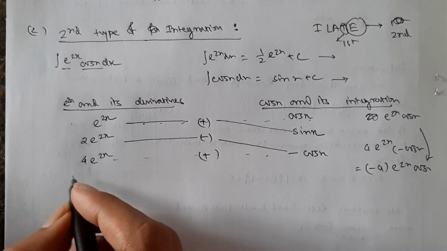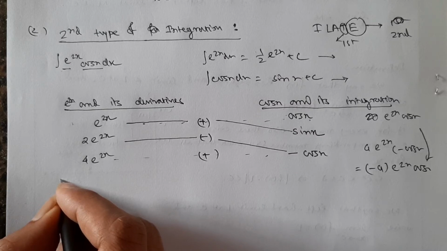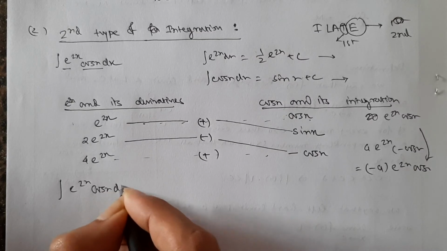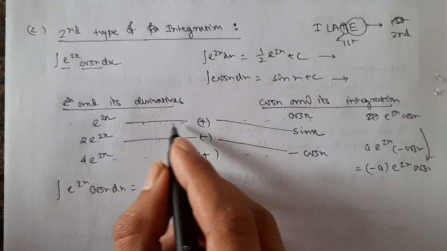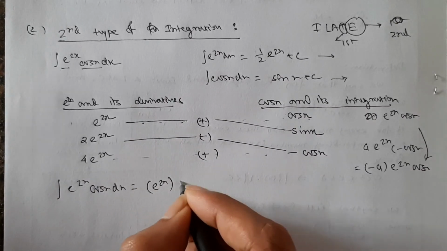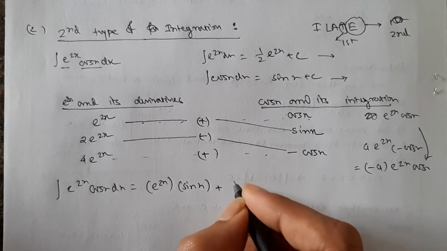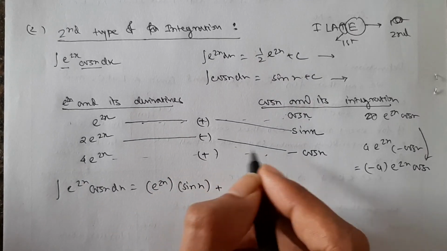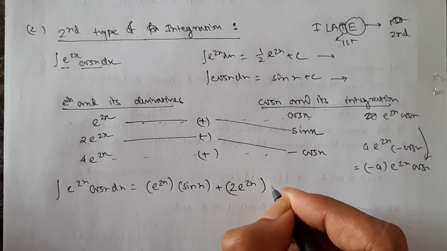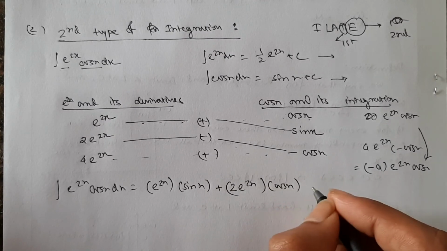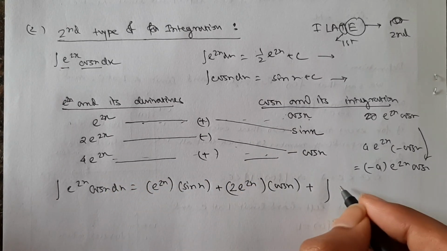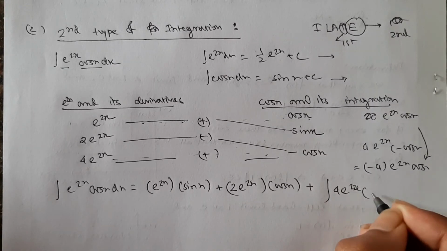So what should we write? Okay, so the integral of e to the power 2x cos x dx is equal to e to the power 2x sin x plus, minus times minus will be plus, 2 e to the power 2x cos x, plus, and we take this integration, so multiplying, 4 e to the power 2x times minus cos x.